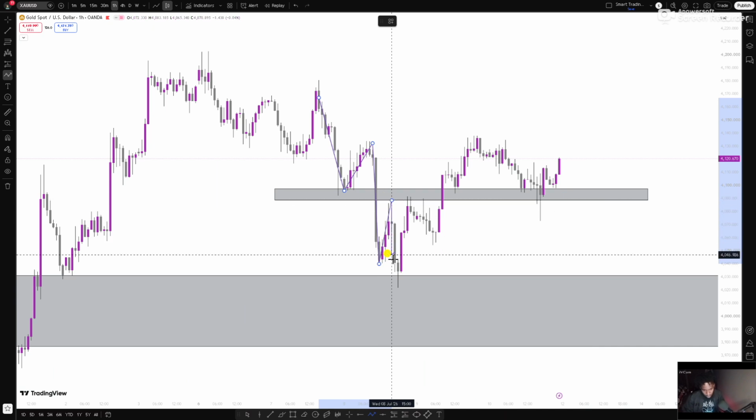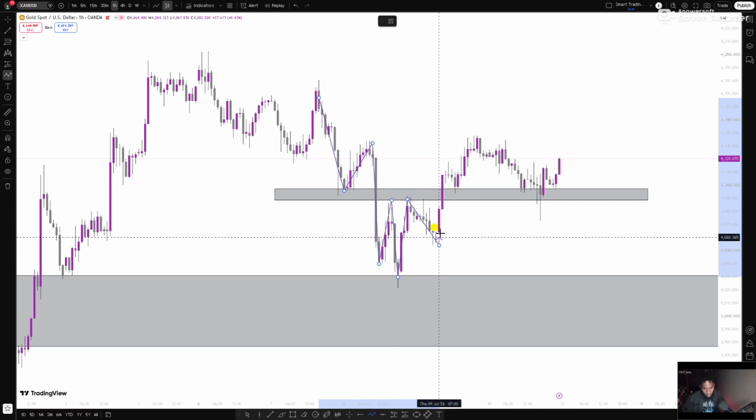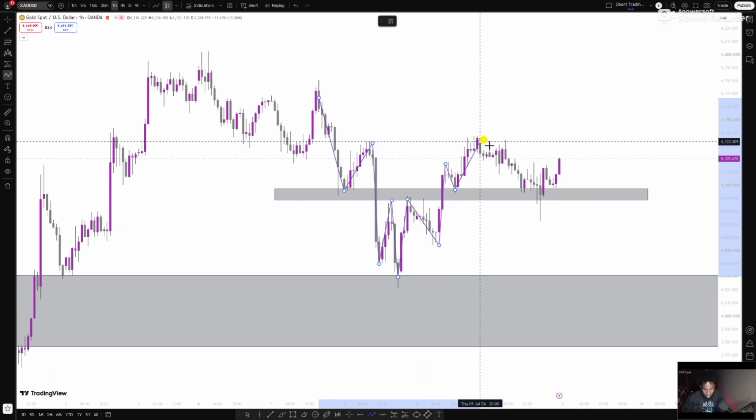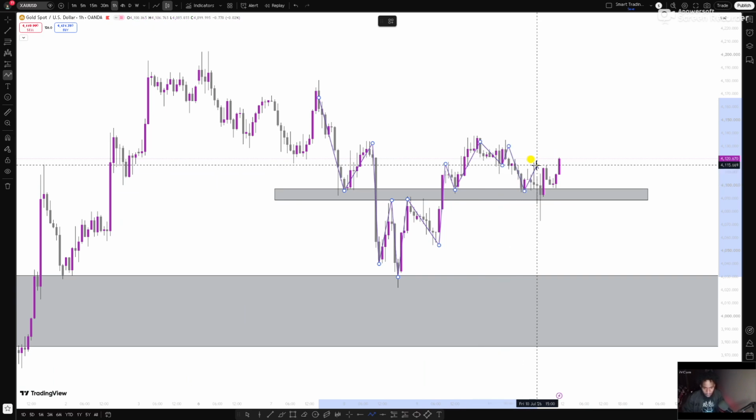Again, it went all the way, failed to break, went again, failed to break, managed to break and retested, showing us this level is a significant price level. Then it went all the way up, failed to break, went up, then it broke and came back in, retested, completing our inverted head and shoulder.